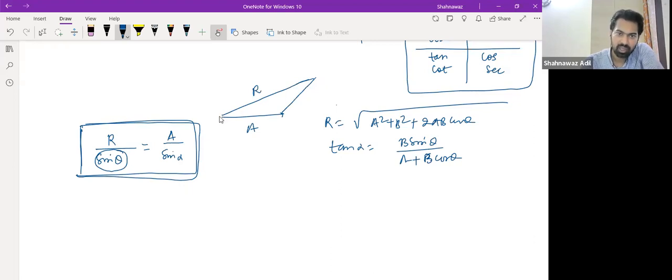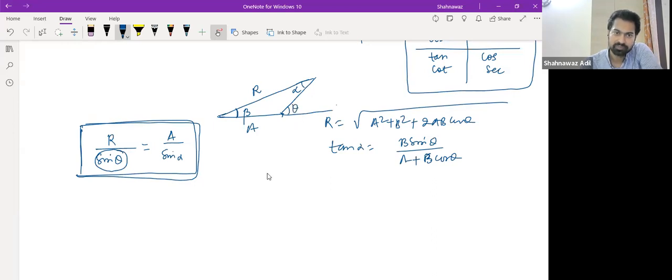This is beta and this is alpha, and this is the theta that we have.